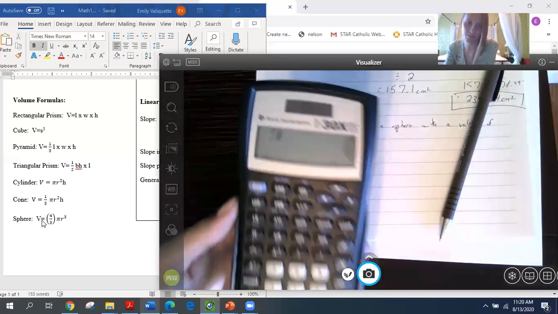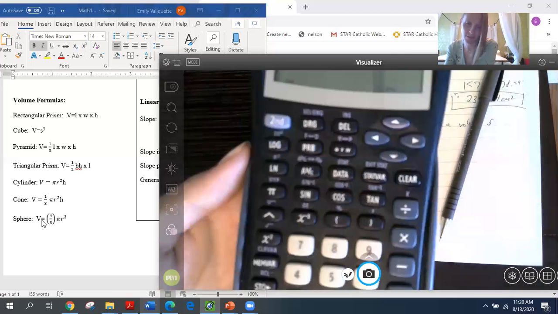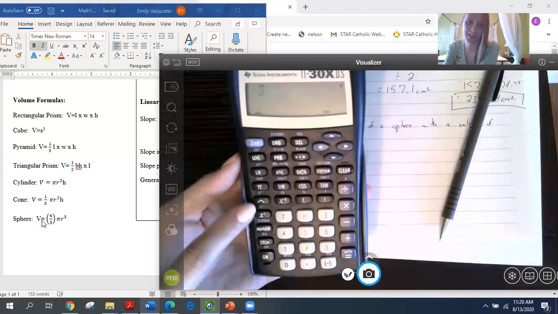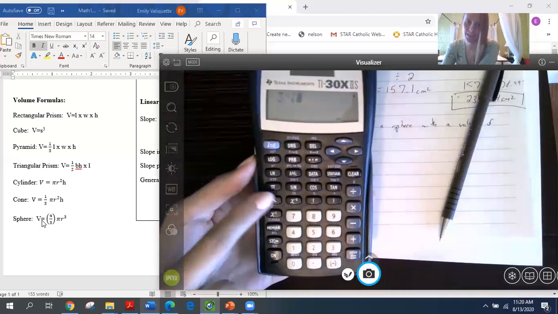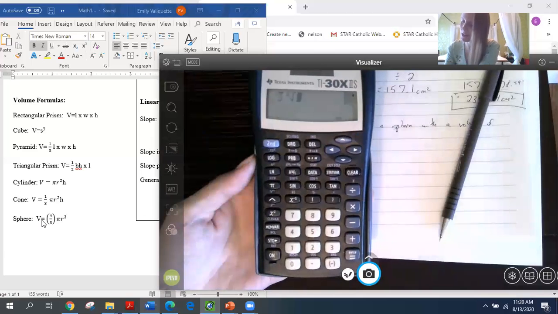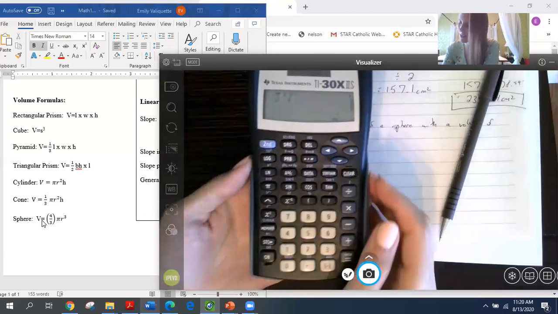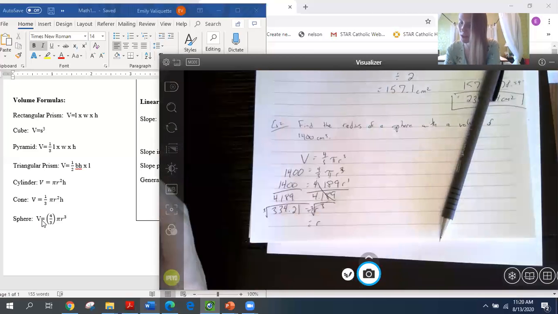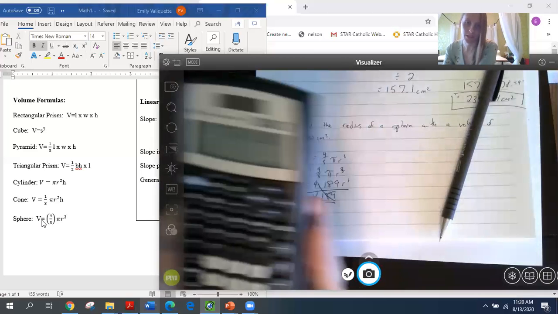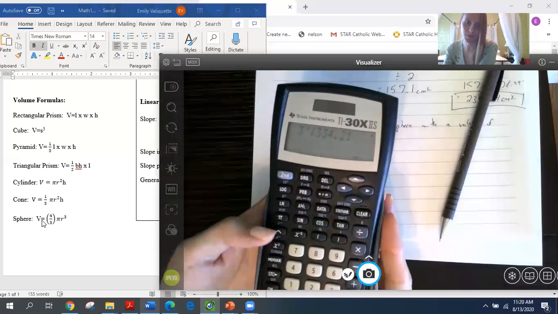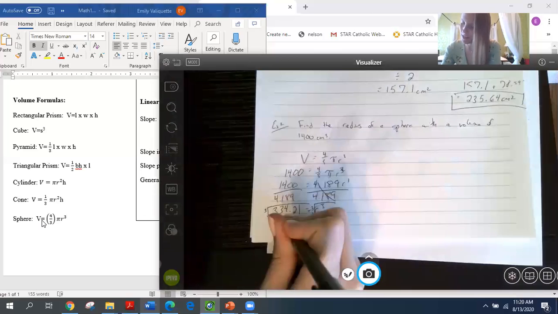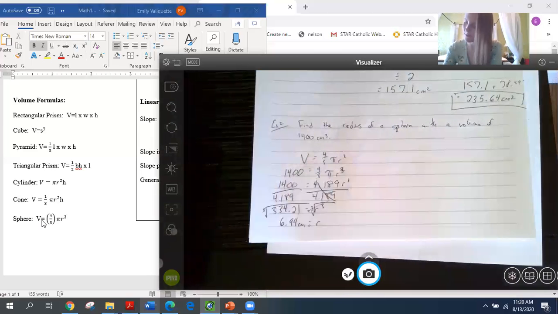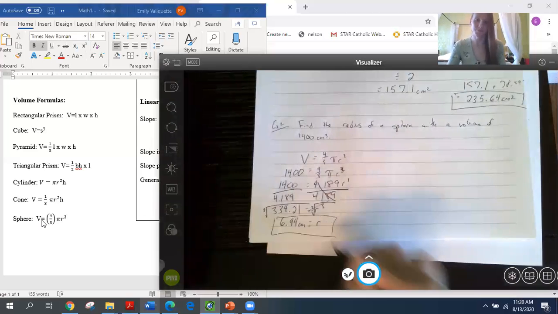Above this button is a little x root. So we'll hit that. This sign comes up here, and then we just put in whatever we're cube rooting, in this case 334.21. And then I'll hit equals. And our answer is 6.94-ish centimeters. And that would be our final answer.